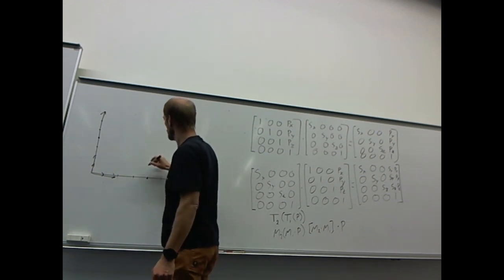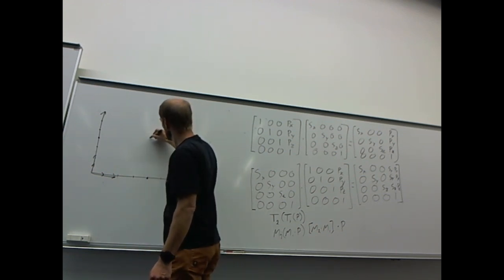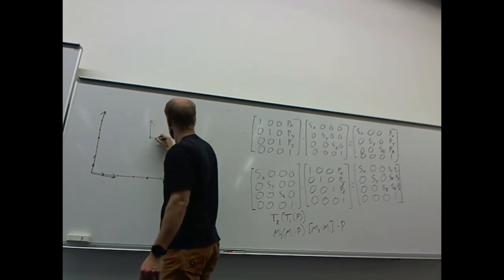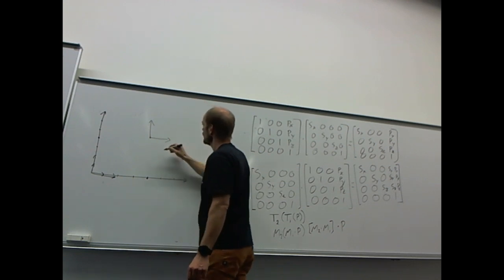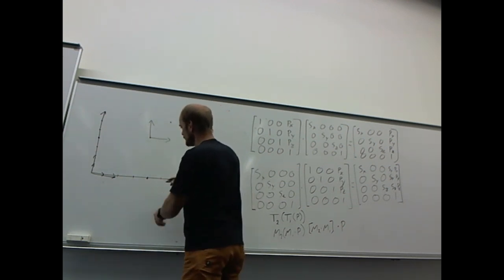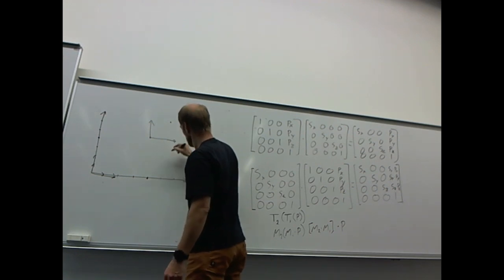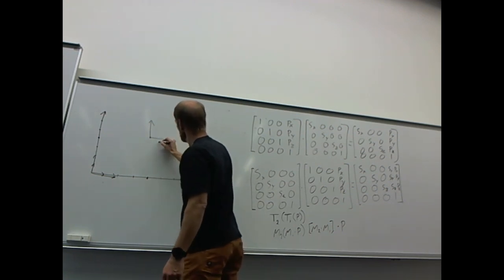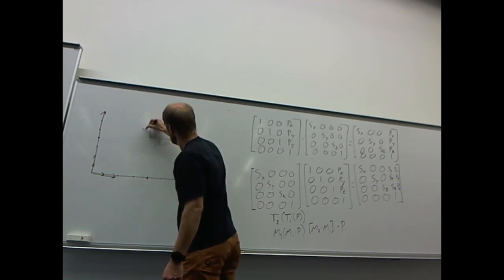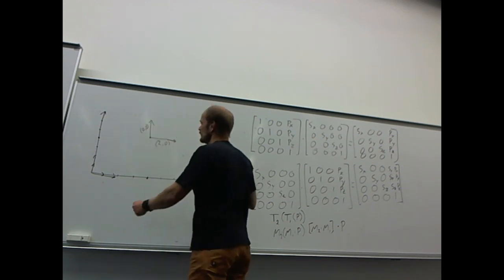Now I've got the coordinate frame that has been scaled 2, 2, and I draw the point 1, 1, it ends up here, which in this coordinate system, if this is the vector 2, 0, this is the vector 0, 2.